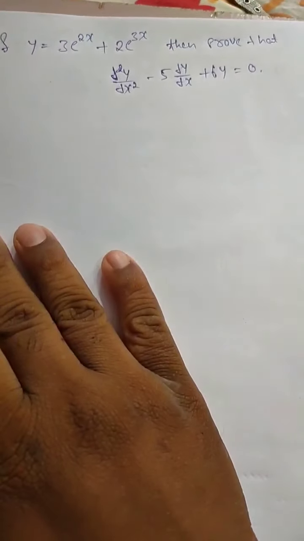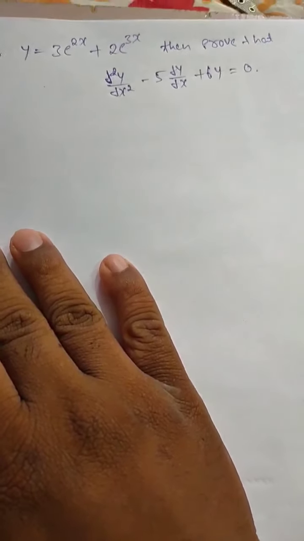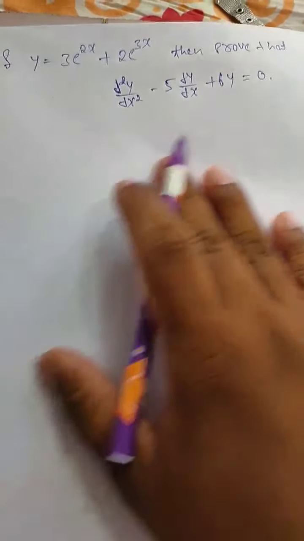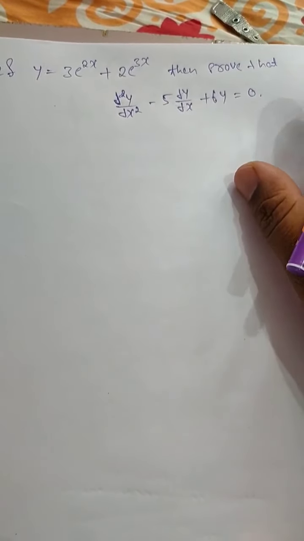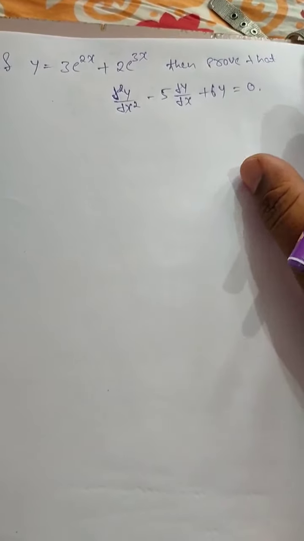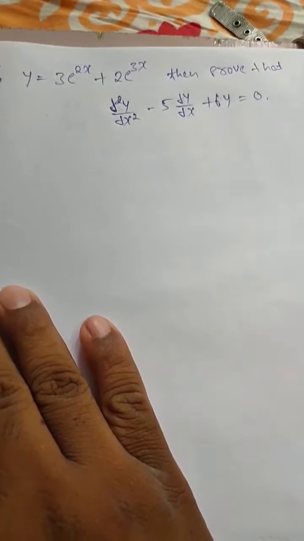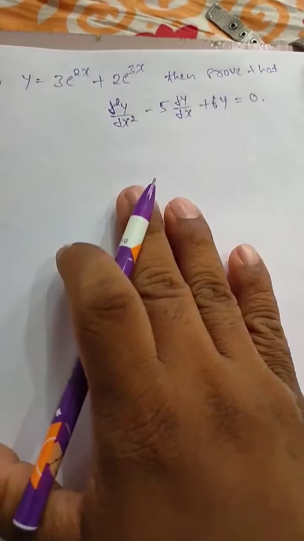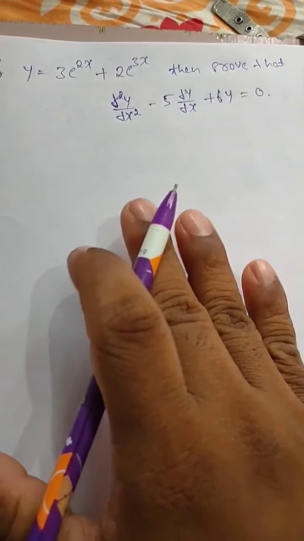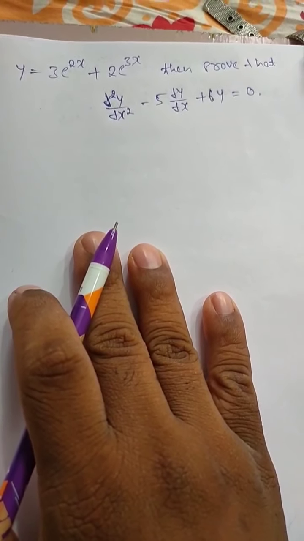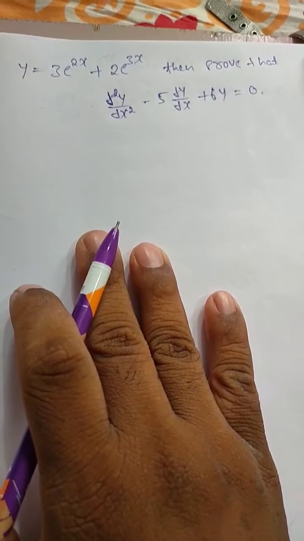To prove this problem, I will use method 1. So what is a method 1 type? I think you have already forgotten. Method 1 means we are differentiating the function twice and substituting into the left hand side. The last problem we did using method 2. What is method 2?